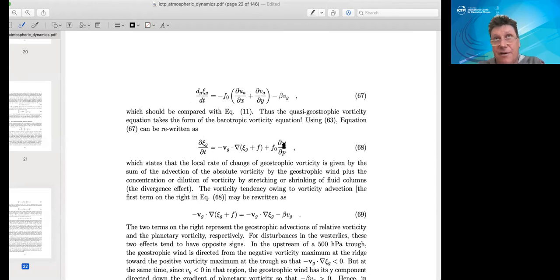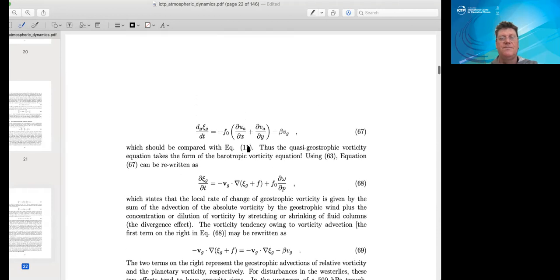And in fact, for the derivation of the dispersion relationship for Rossby waves in the next section, we will assume that this term for that consideration is 0. Because there's an interesting cancellation going on between these two terms.